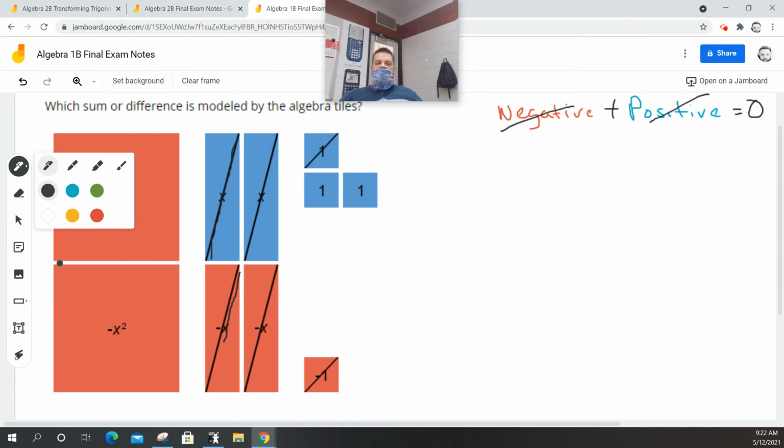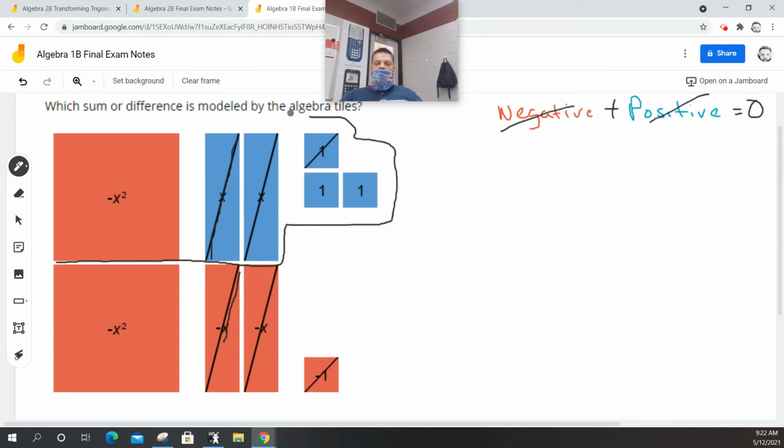So the first equation here is this thing right here, negative x squared. How many blue x's did we have? 2. So we say plus 2x. And how many ones did we have? 3. And they're positive, so it'd be a positive 3. So that's the first equation.